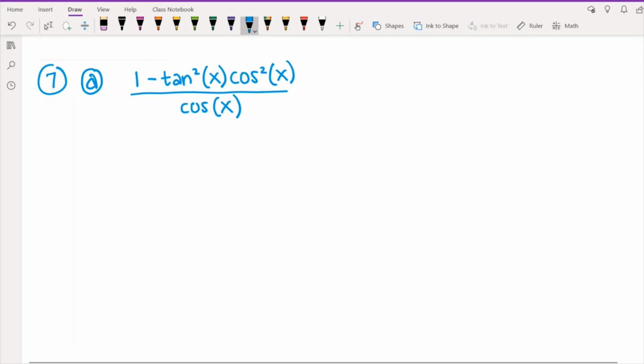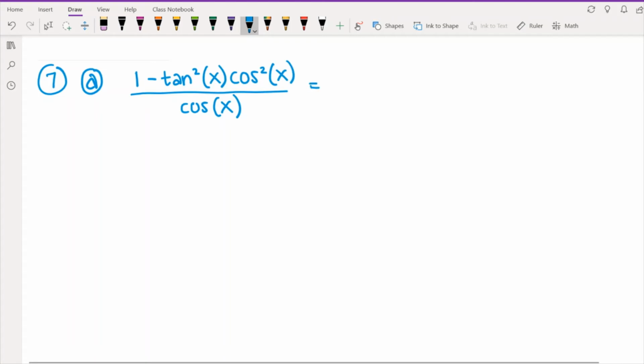Usually, and this isn't always the case, but in most cases, you first want to rewrite stuff as sine and cosine. The only real exception is if there's already an opportunity to make a common denominator, or to use a trig identity. But oftentimes those things only emerge after you rewrite it as sine and cosine.